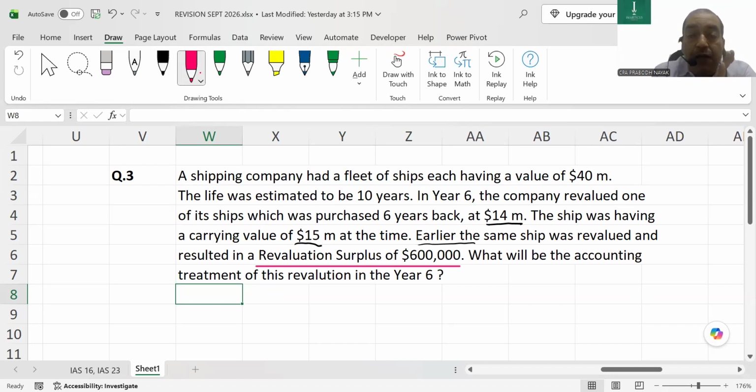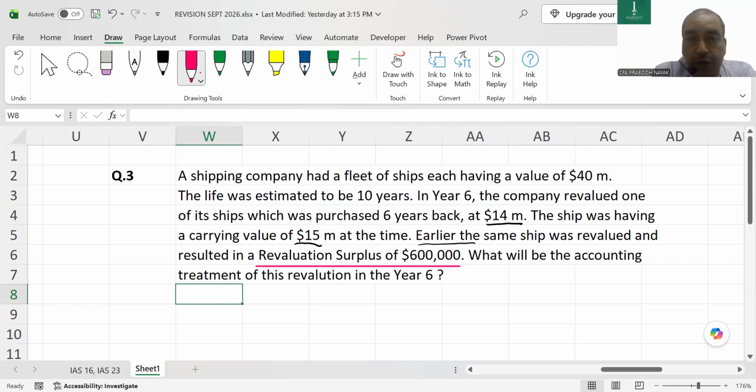तो पहले सरप्लस हुआ है, गेन हुआ है $600,000 का, उसके बाद लॉस हुआ है. If you remember session 3, I have done this with you. पहले लॉस हुआ है और बाद में गेन हुआ है, तो लॉस को पहले सीधा ट्रांसफर करने का एसओपी है.